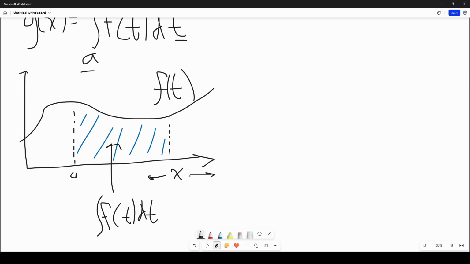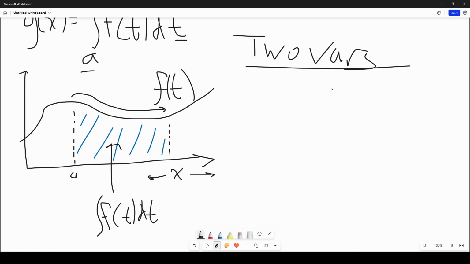Because x is varying left to right, whereas t is varying on this curve to calculate the integral, like we talked about with Riemann sums. That's what t is actually doing in this definite integral. It has nothing to do with x. So the reason why we need two variables is because they serve different purposes.